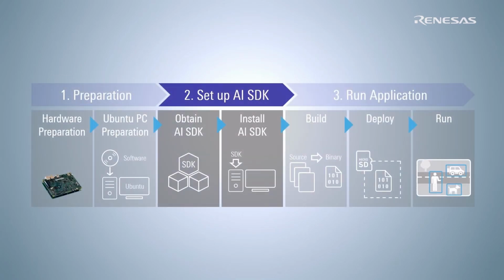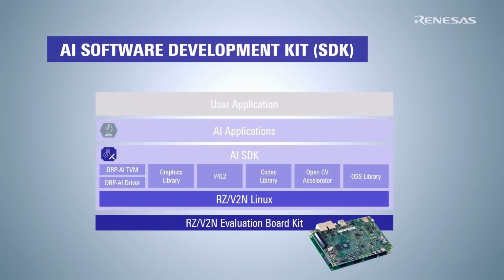Next, we will set up the AI SDK. AI SDK is the software for running AI applications quickly and easily on your evaluation board kit. Renesas provides the AI SDKs for RZ/V series. This tutorial uses V2N AI SDK.